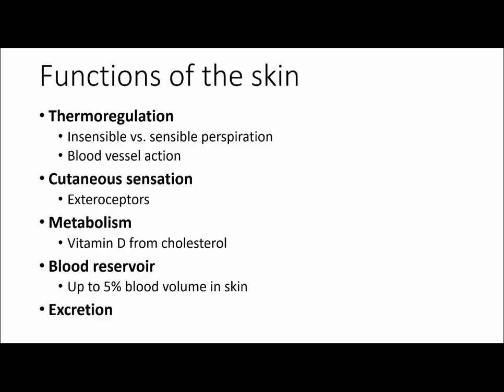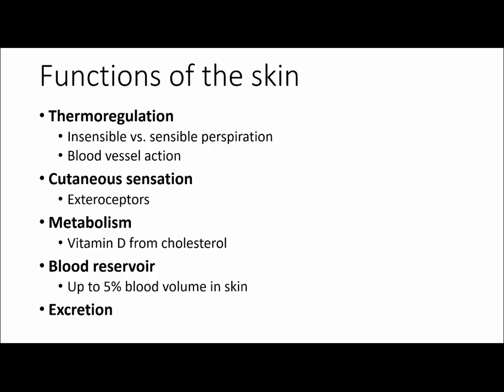And then lastly, our last function of the skin is excretion. So we're going to eliminate nitrogen-containing wastes in our sweat. So that's ammonia, urea, and uric acid. You can find all 3 of these in sweat, which is also going to contribute to the low pH of sweat.